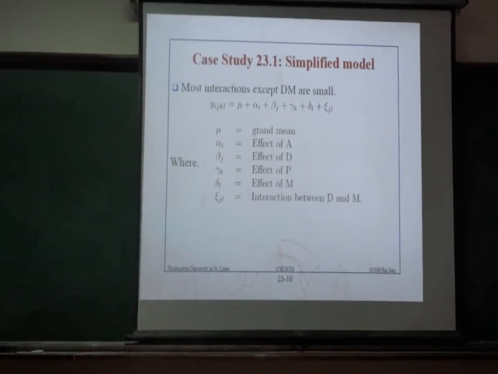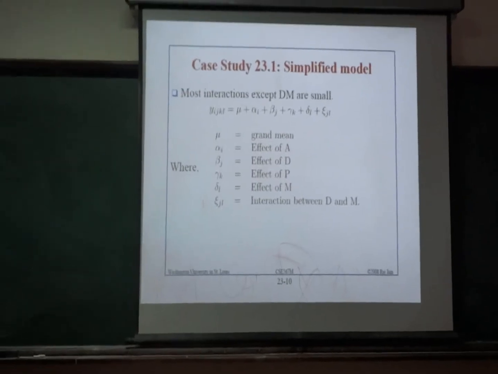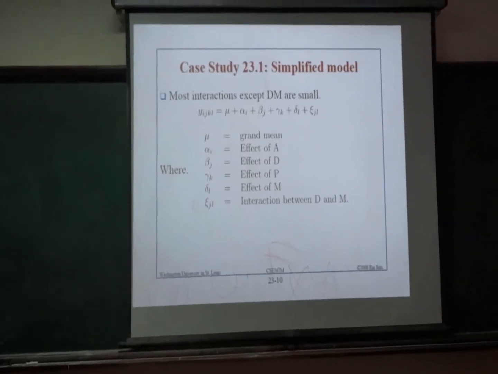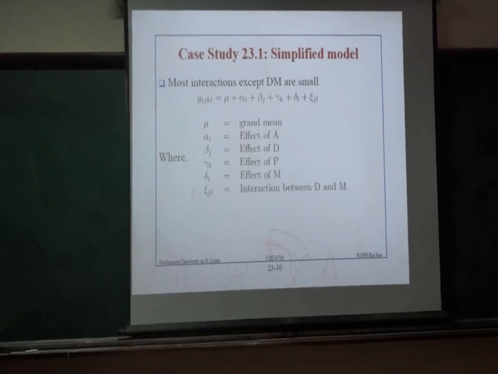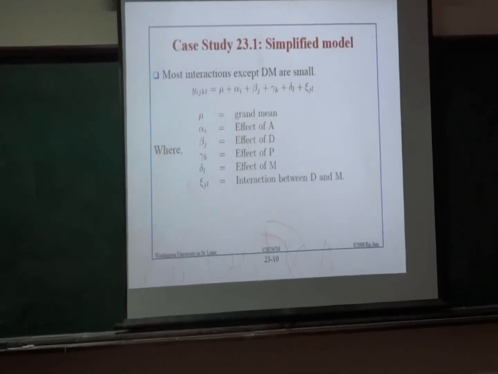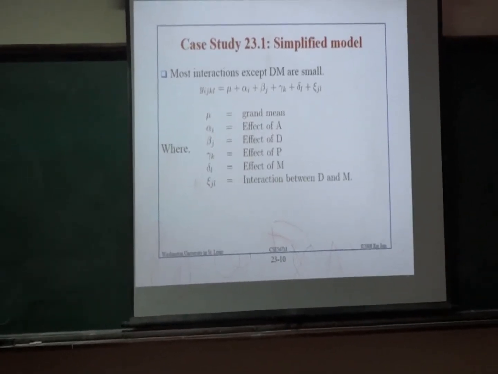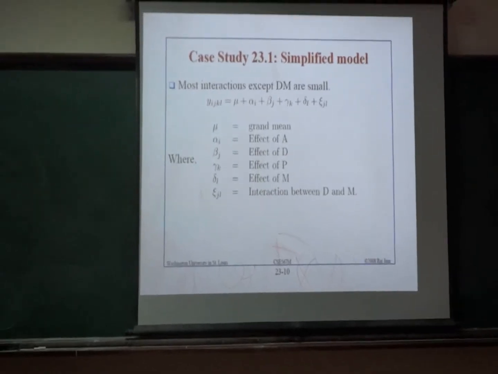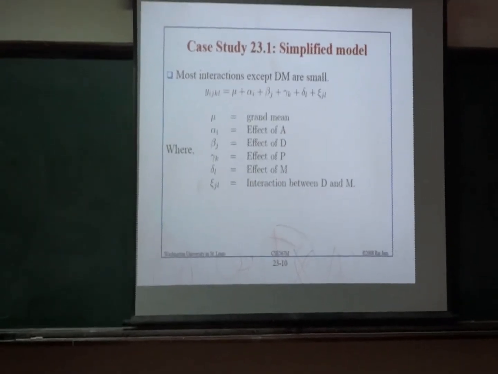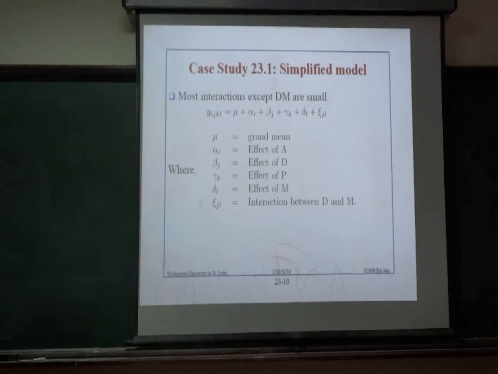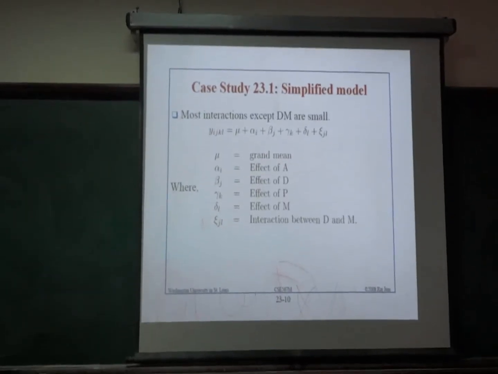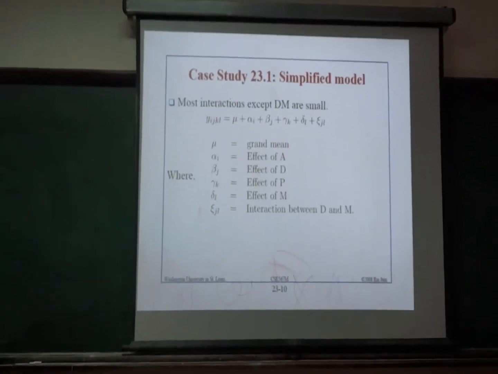Here mu represents the grand mean, alpha of i represents the effect of A, beta of j represents the effect of D, gamma of k represents the effect of P, and delta of n represents the effect of M. Here, the interaction between D and M is represented by epsilon of jn.